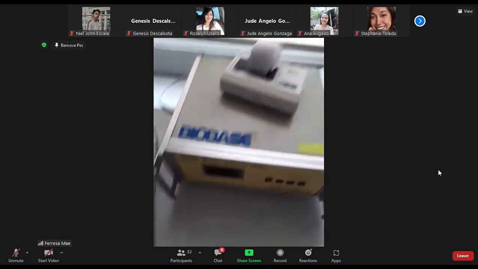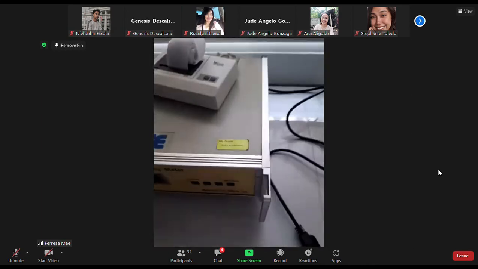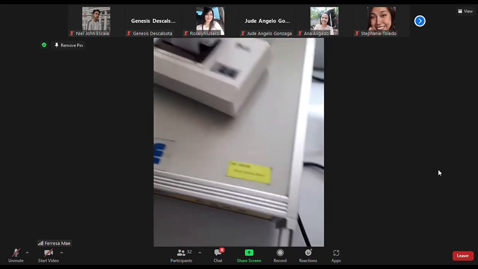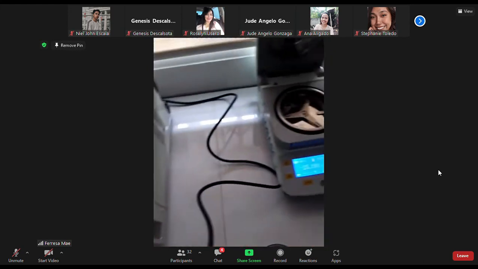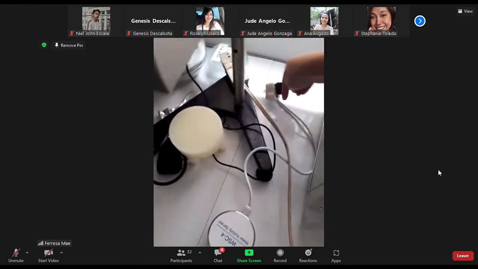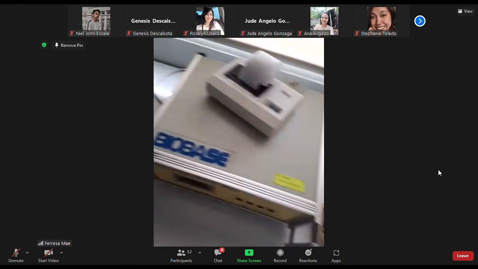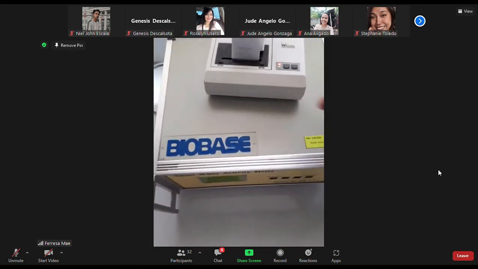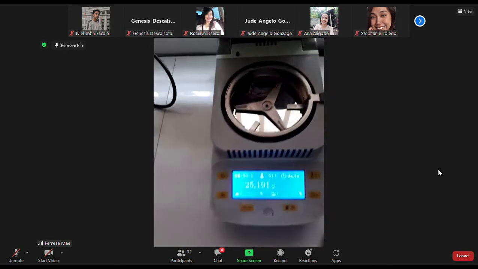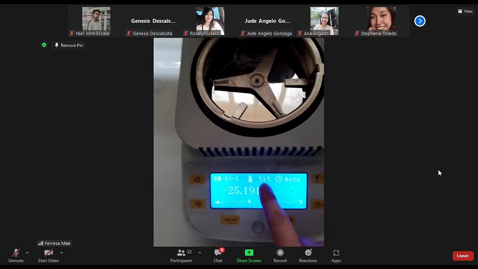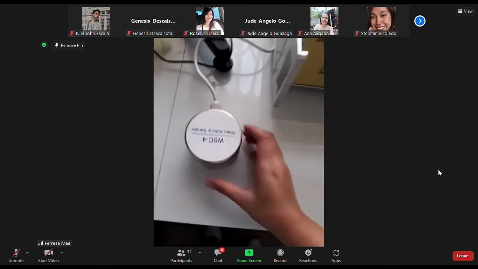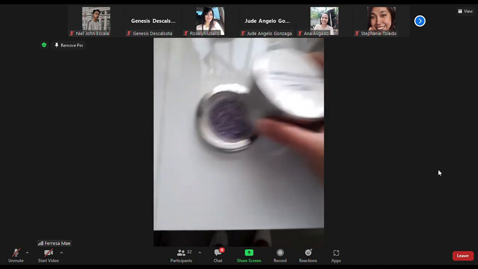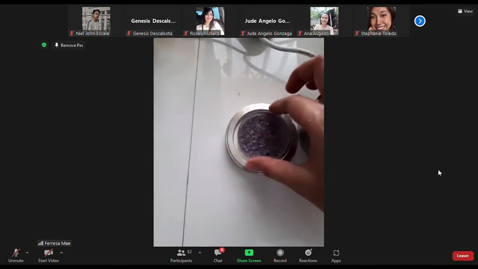Meron siyang water activity meter. Yung sensor sa water activity meter, may silica gel na siya sa sulod para wala moisture.